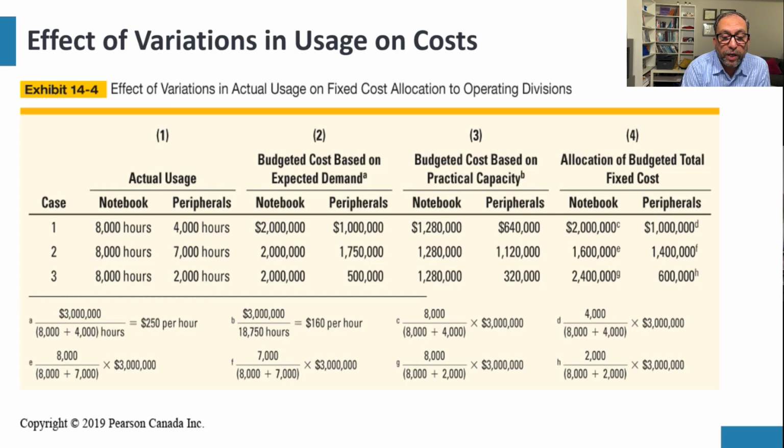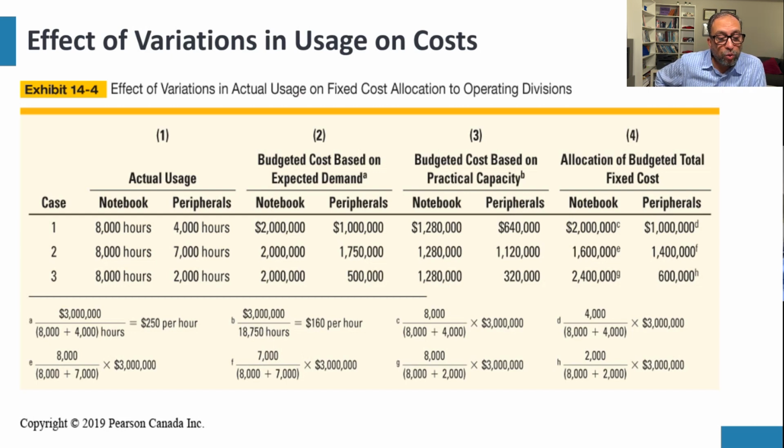Budgeted cost based on practical capacity. Now, practical capacity we didn't discuss here. The practical capacity of this IT department is to provide a maximum of 18,750 hours. We want to distribute this 3 million amount among the two departments, so we divide the 3 million by the capacity hours to get the rate per hour.